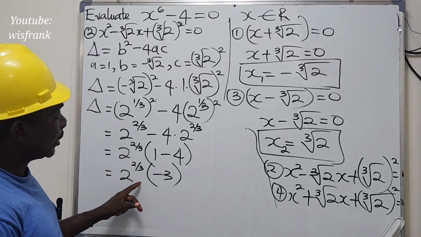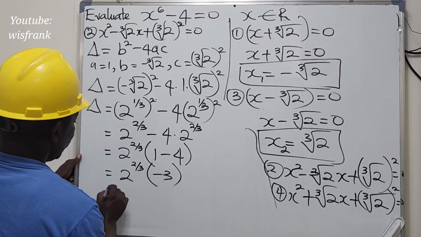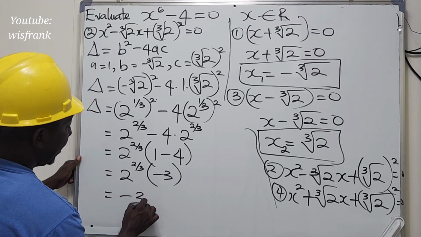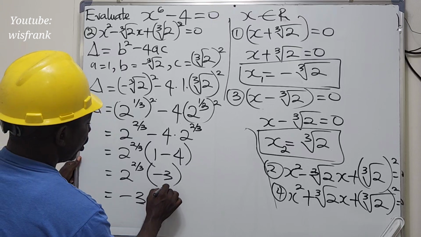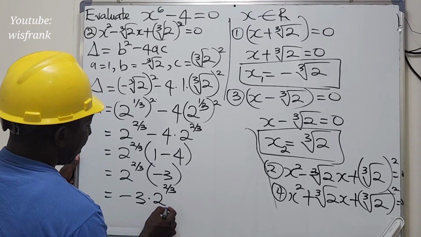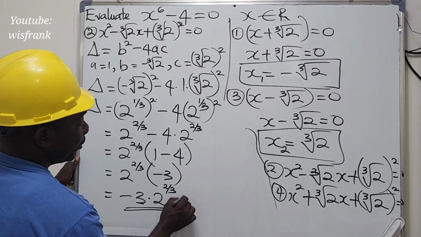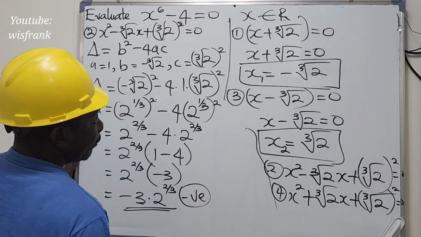When we multiply this, it gives us minus 3 times 2 to the power of 2 over 3. This shows that this is a negative value.